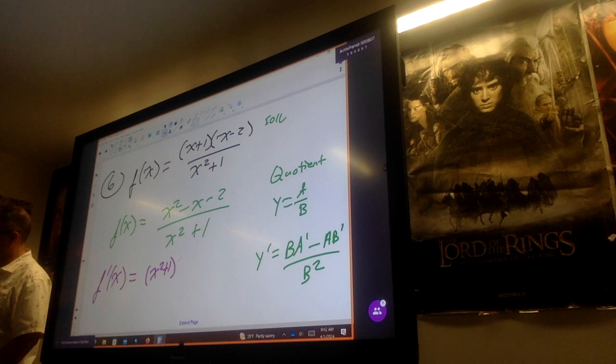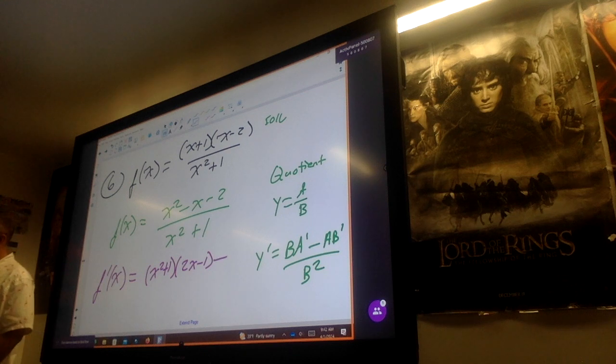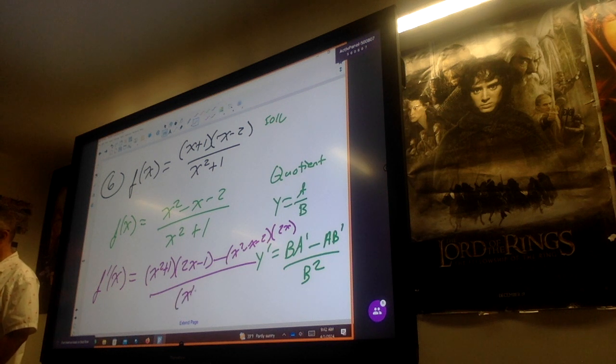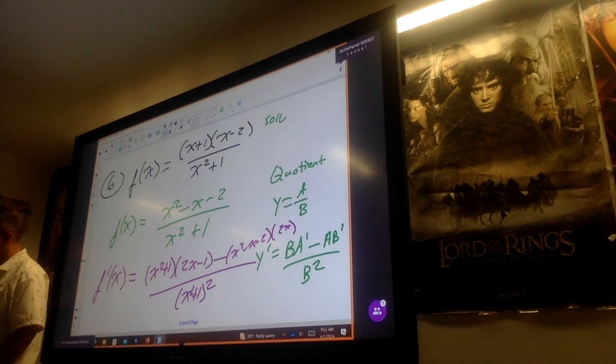The derivative of the top is 2x minus 1, minus the top, which is x squared minus x minus 2, times the derivative of the bottom, which is 2x, all over x squared plus 1 quantity squared.